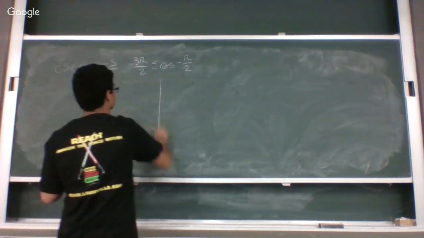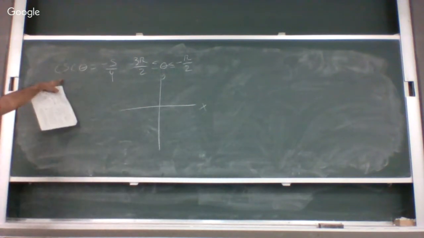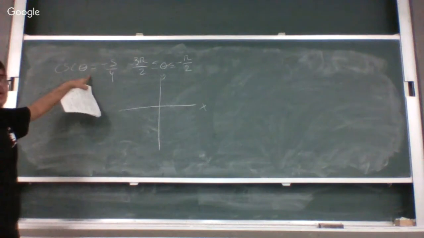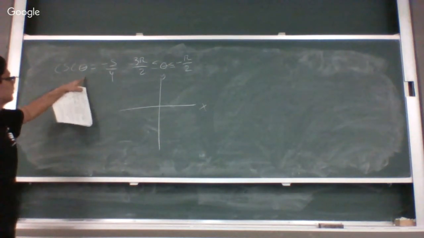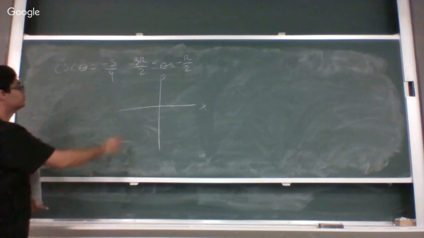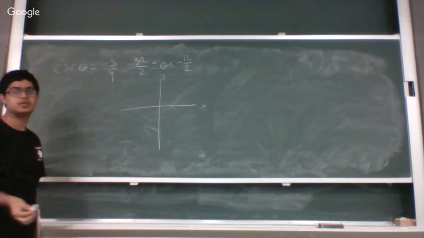Okay, so the first step is just drawing this. This is cosecant of theta, 1 over sine. Hypotenuse can never be negative, okay?